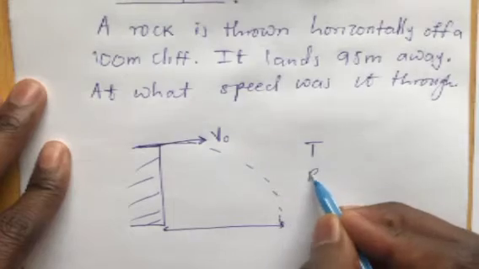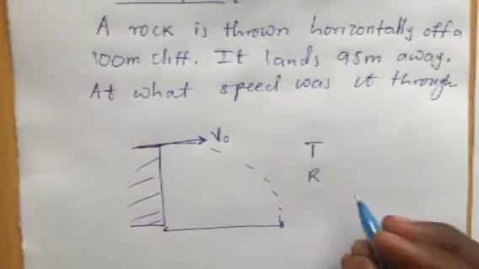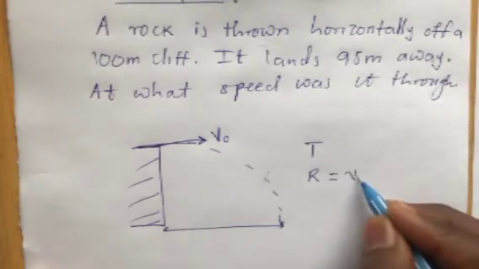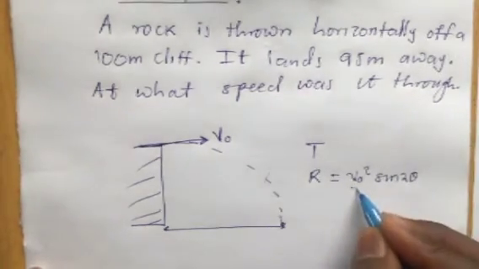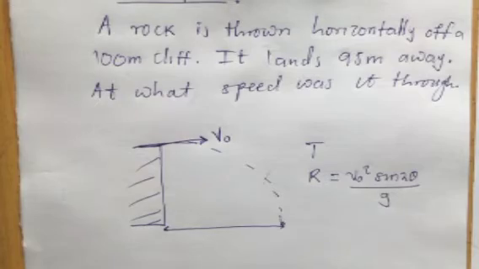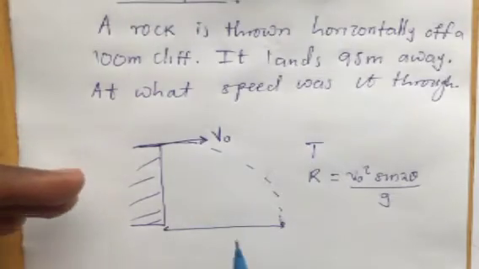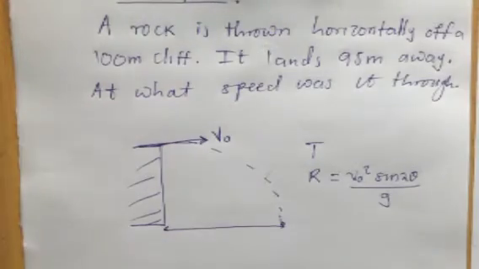The formula for range, v squared sine 2 theta over g, can't work either, because this is not symmetrical. Again, we don't have the actual height, so the maximum height formula also can't work.